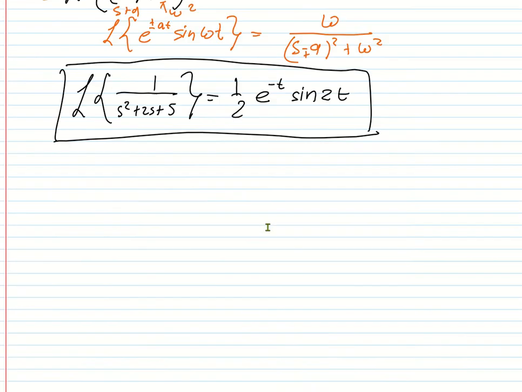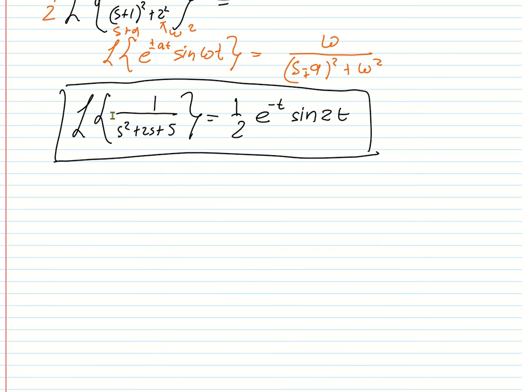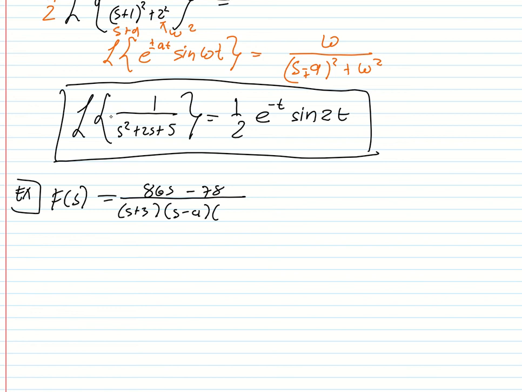Next, we can also use partial fractions. Another example: let's say F of s is 86s minus 78 all over s plus 3, s minus 4, and 5s minus 1.